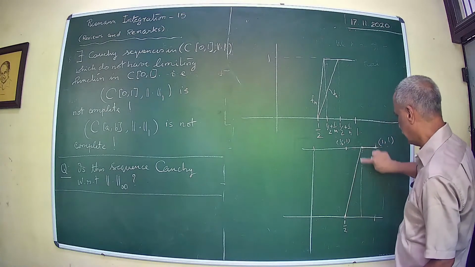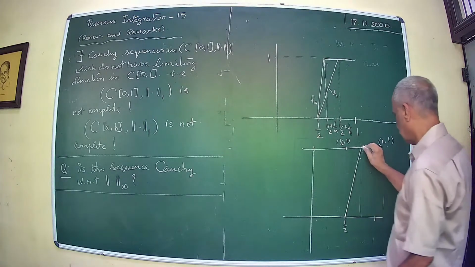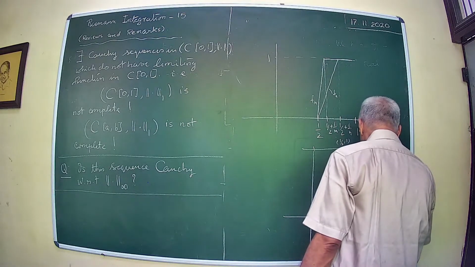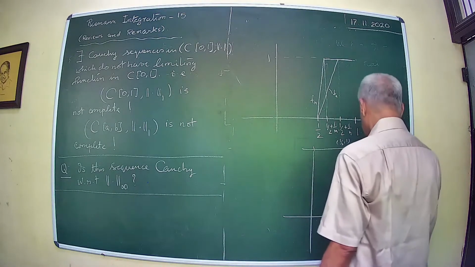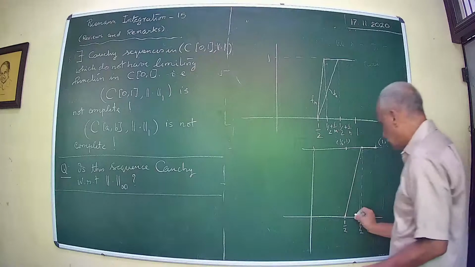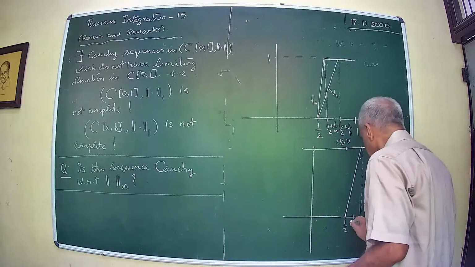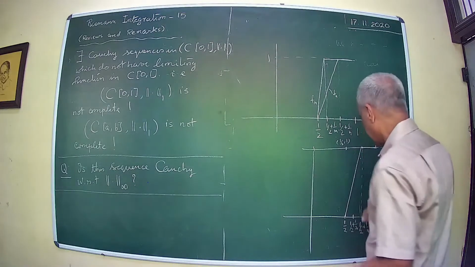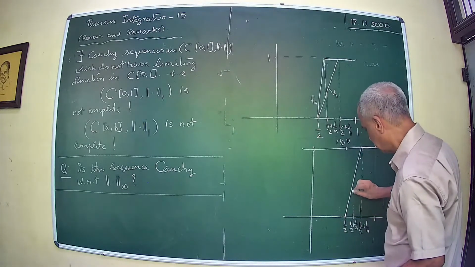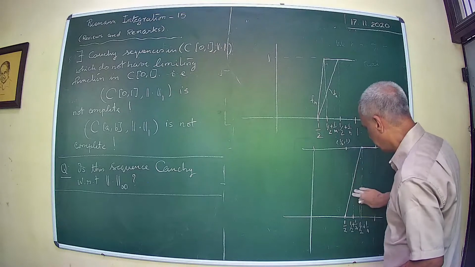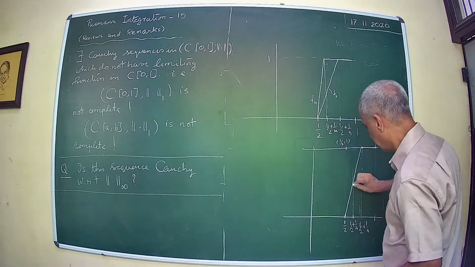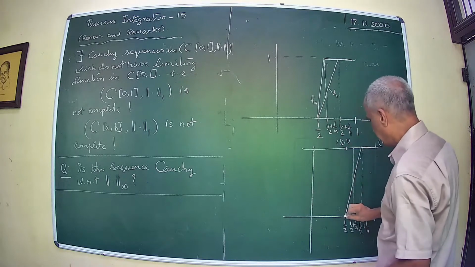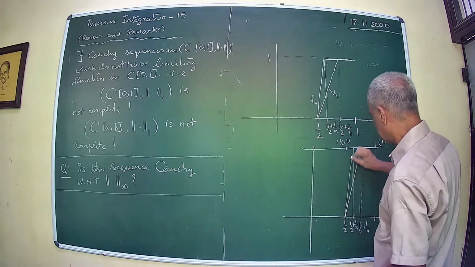This is corresponding to the point 1/2 plus 1 by n. Now I take 1/2 plus 1 by here. So the function that you have is this.